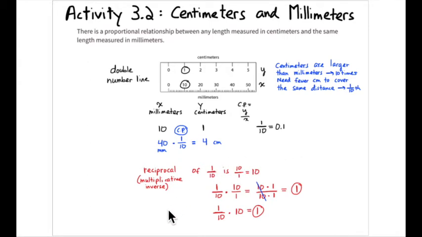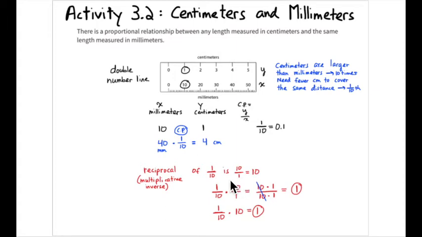But we're going to start talking about the reciprocal of these factors. The reciprocal is also called the multiplicative inverse, because the reciprocal of 1/10 is 10. It's 10 over 1, which is the same as 10.